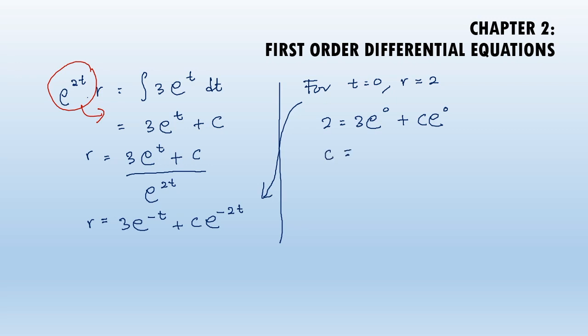So we have c equals negative 1. Then after that, we put c back into the general equation. So we have r of t equals 3e to the power of negative t minus e to the power of negative 2t. So we have the particular solution of the differential equation.